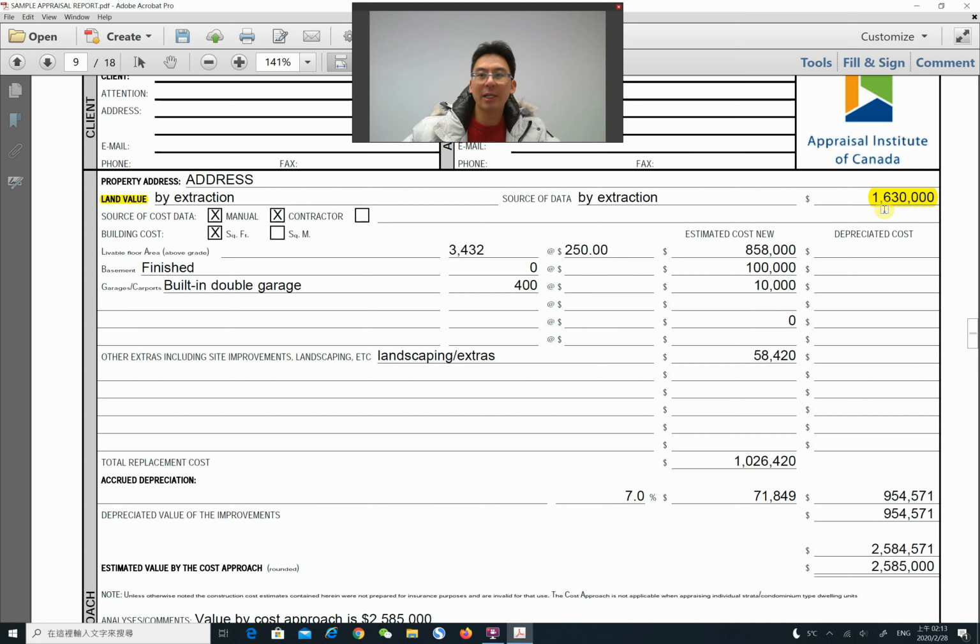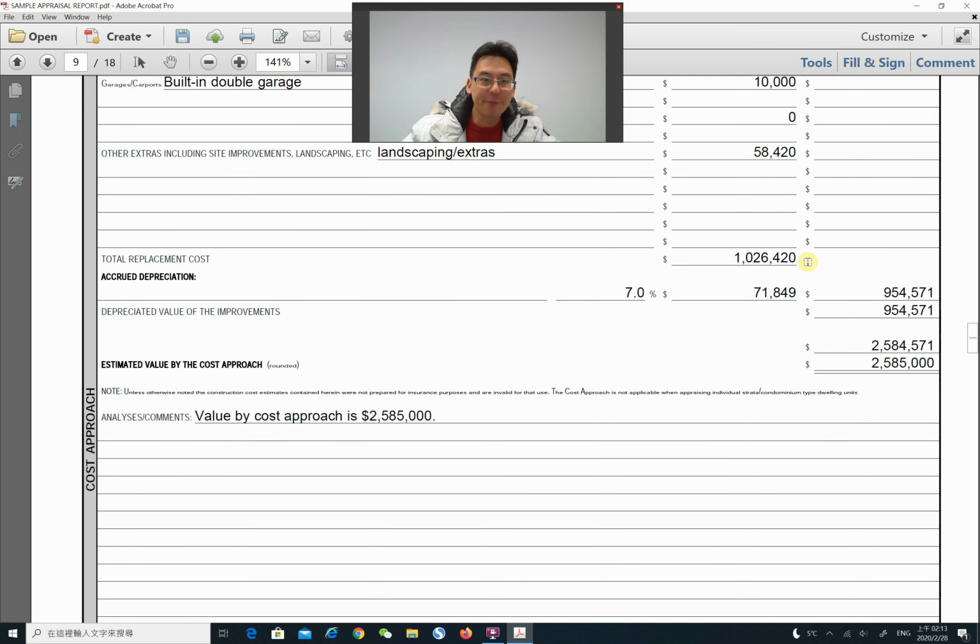And as you may or may not know, most institutional lenders do not lend based on just the land value. So if you find that the land value is exceeding 90% of the total price, then be careful.